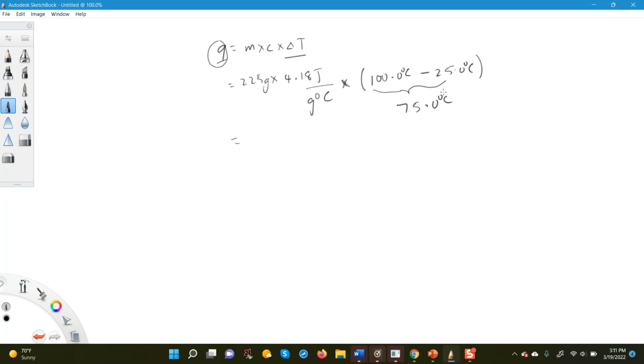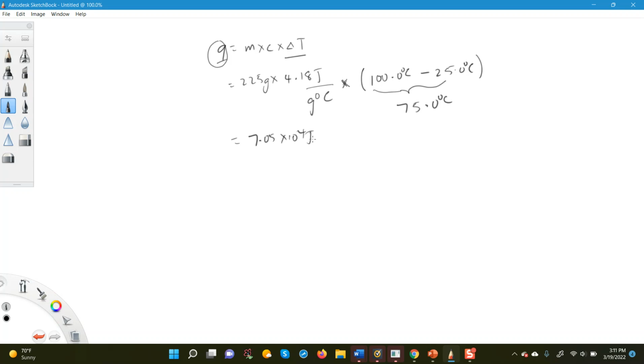And then we need to work out the rest. So that's 75 times 4.18 times 225. And then we round off to 3 sig figs. So according to my answer, this would be equal to 7.05 times 10 to the 4 joules.